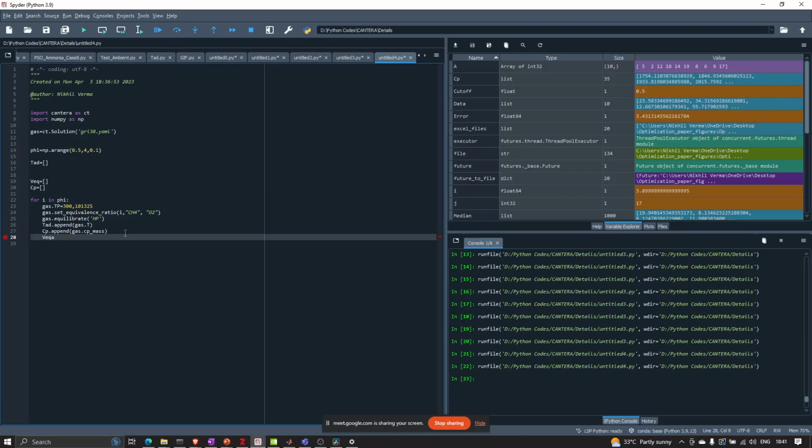V equivalent is square root of 2 times gas.cp into T adiabatic, which is gas.T, and there is another term, that is 1 minus P exit by P naught, right?